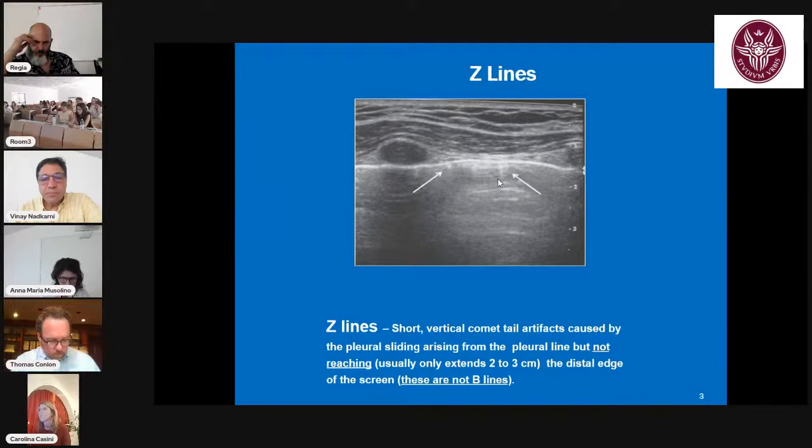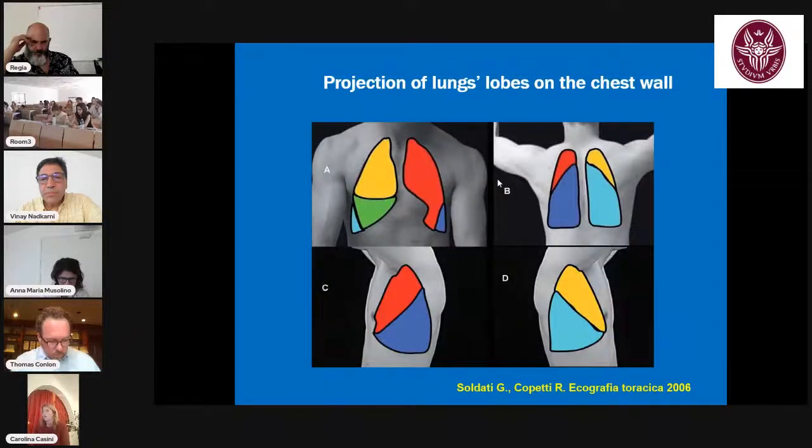Remember, the Z lines are not to be considered pathologic. We can also have a very precise projection of lung slopes on the chest wall. This is very useful because when we find the problem, we can exactly localize anatomically the lesion. And this is very important and useful to us.